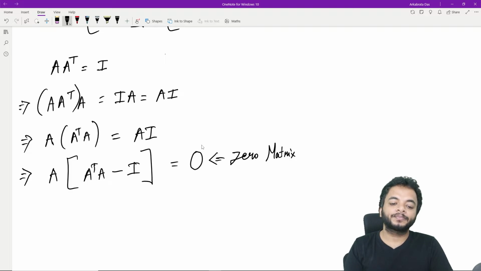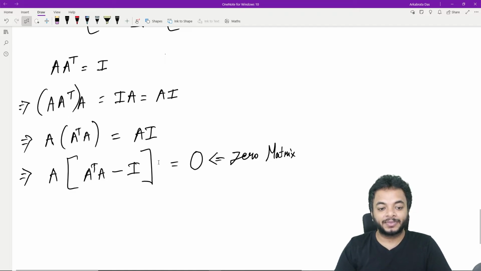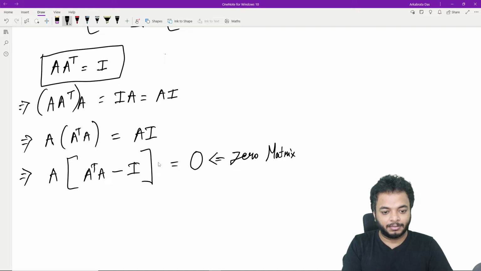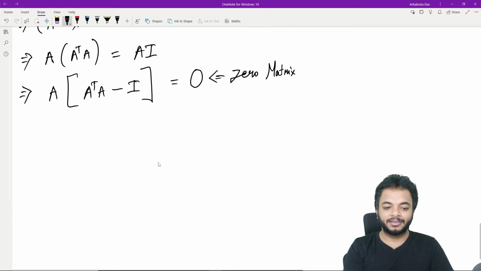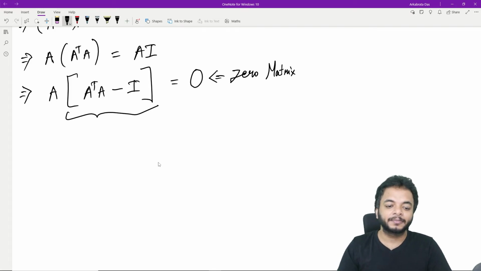Now what do we have to prove? A transpose A is equal to identity. We have A transpose is equal to identity, but we have to prove that A transpose A is equal to identity. So we have to prove that this part, the product of two matrices, will be the 0 matrix, because then only A transpose A will be identity.